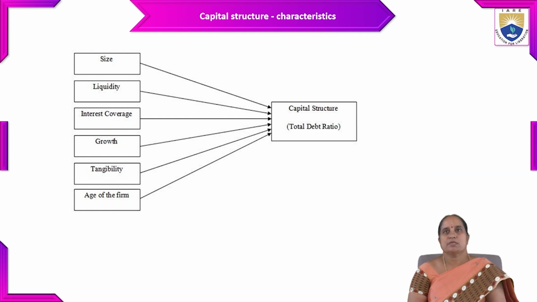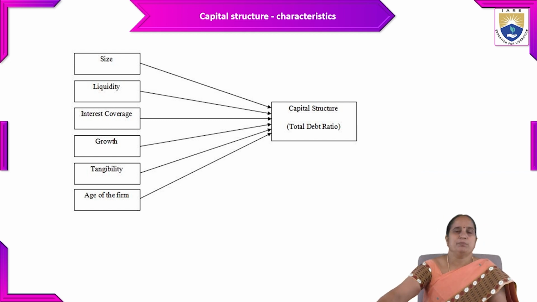When you are talking about the size of the organization, it depends upon the scale of operations. A small scale unit requires less capital comparatively than medium scale and large scale units. Then liquidity means what type of assets can be easily marketable. For example, current assets are always in liquid form, which can be easily marketable.